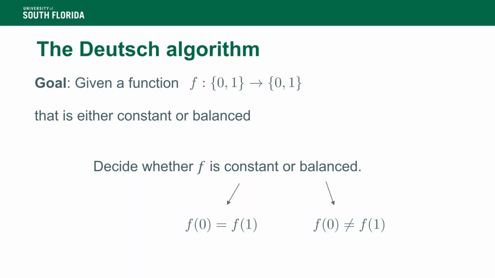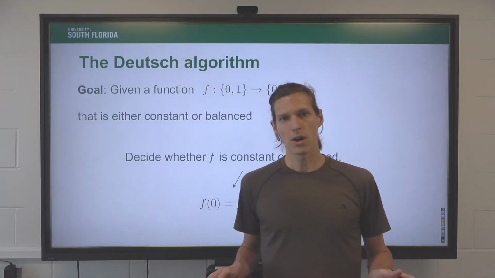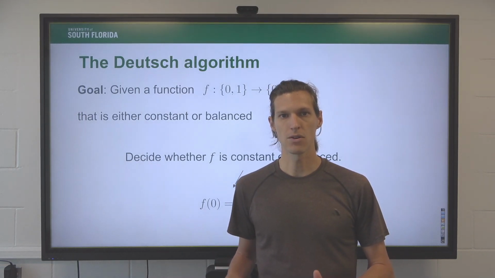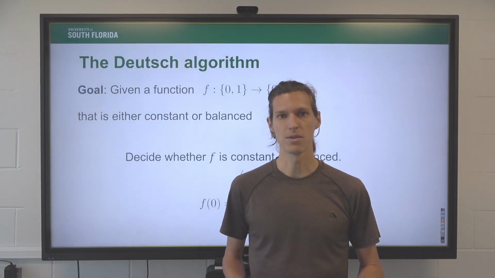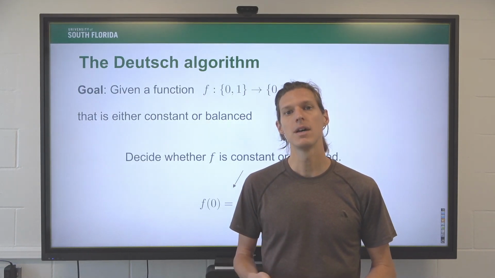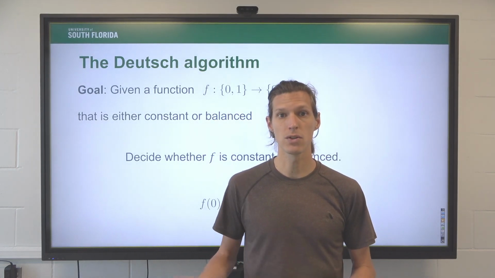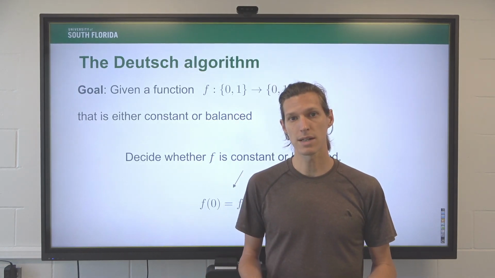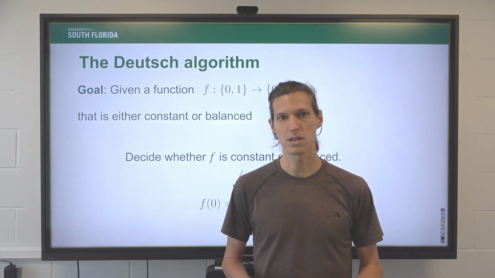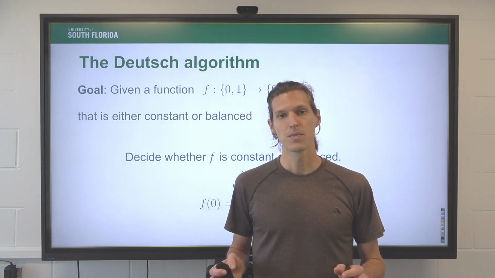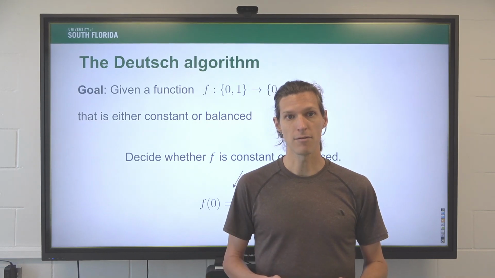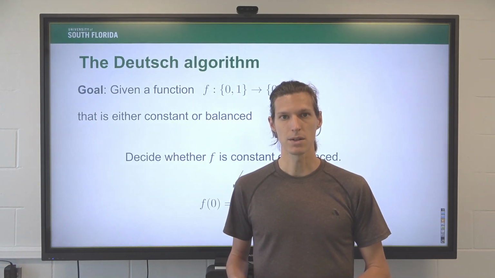Okay, so now we will start with a smaller version of the Deutsch-Jozsa algorithm, which is just the Deutsch algorithm. It's Deutsch-Jozsa, but on 2 qubits. So f is a function from {0,1} to {0,1}. And in this case, we're asking still the same question: is f balanced or constant? Which can be rephrased as, is f(0) equal to f(1), or is f(0) different than f(1)?